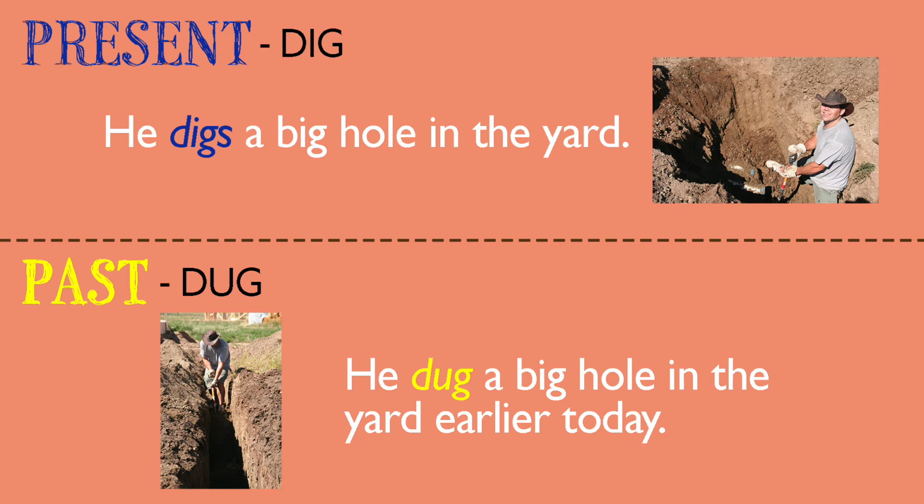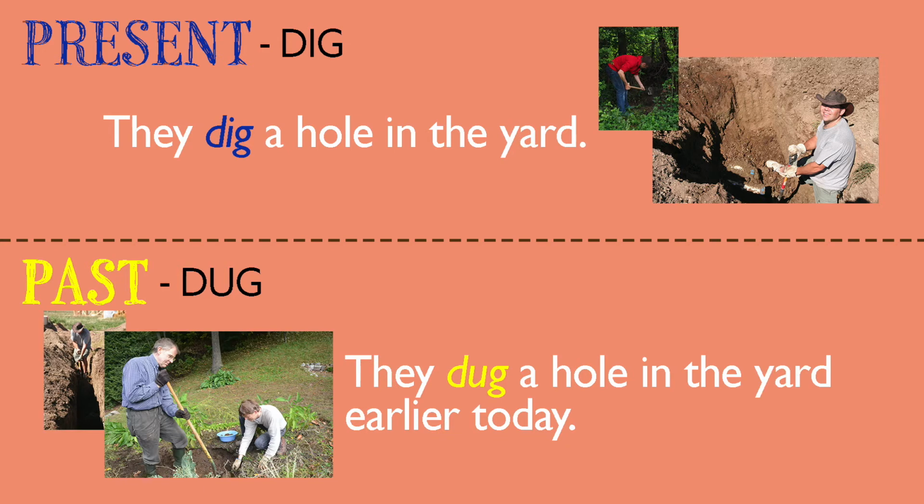Dig. He digs a big hole in the yard. Dug. He dug a big hole in the yard earlier today. Dig. They dig a hole in the yard. Dug. They dug a hole in the yard earlier today.